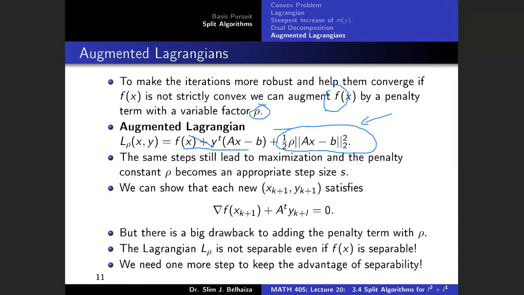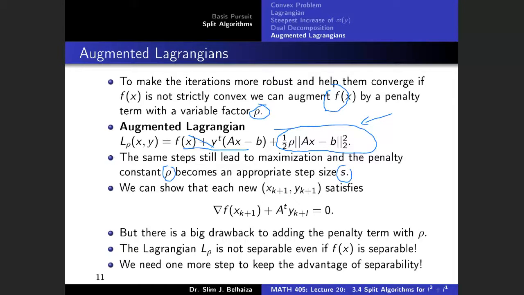I'm just saying, look, my Lagrangian, get me faster to something very close to satisfying my condition. If you start far from feasibility, you get to add a huge penalty, which means you should get faster close to the feasibility region. So the same steps still lead to maximization, and the penalty constant rho here becomes an appropriate step size S itself.